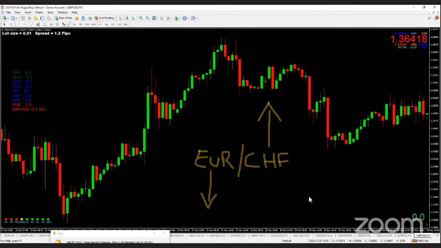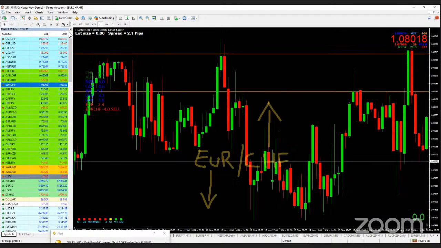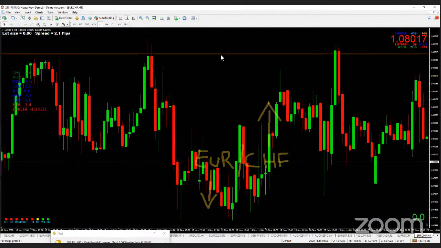So what we're going to do now is to pull that up and see. Let's look for that pair, euro CHF. If we were to find it here, there we go. So let's drag it onto the chart, and we can see here.